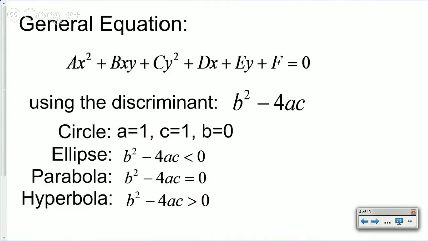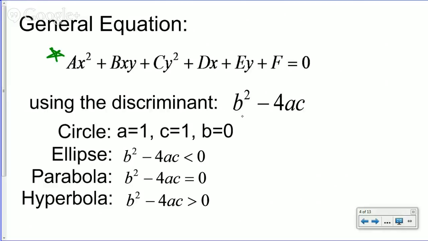So a general equation, we'll need to know this here. The general equation outlines all four of the conic sections into one equation. And I can get to the others by just rearranging the numbers a little bit.